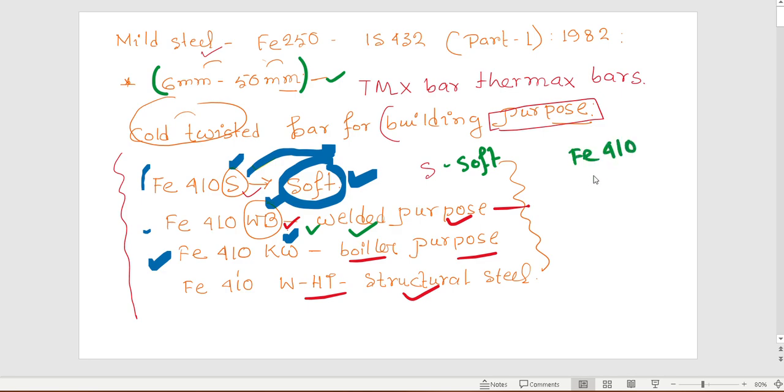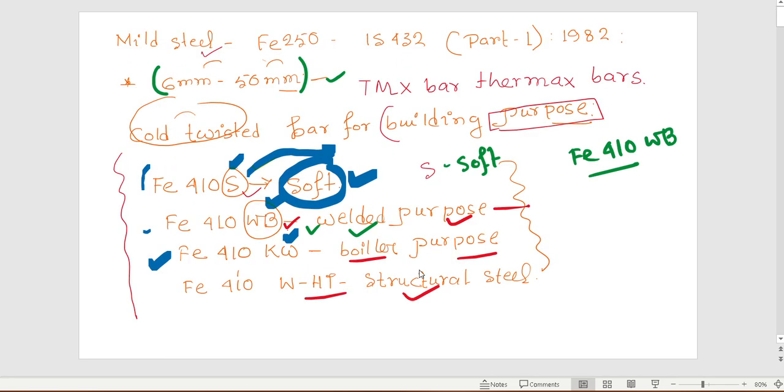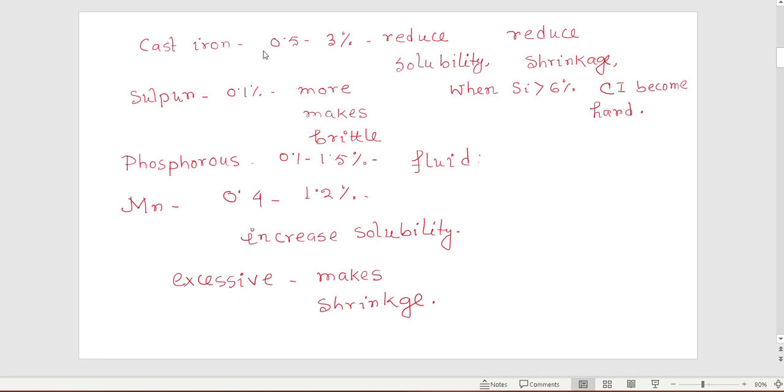Fe410 WB is for weld purposes, Fe410 KB is for boiler purposes, and WHT is for structural purposes. You can check the codes to get details about this.